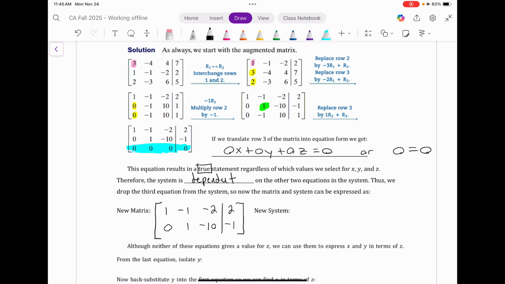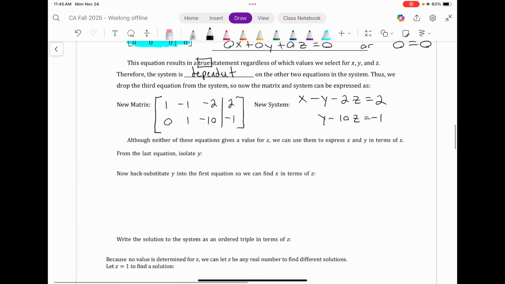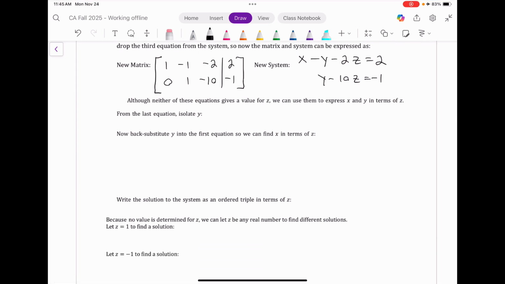And so the new system would be x minus y minus 2z equals 2, and y minus 10z equals negative 1. Now the goal is to get x and y in terms of z. If we isolate y in the second equation, you would end up getting y equals 10z minus 1.